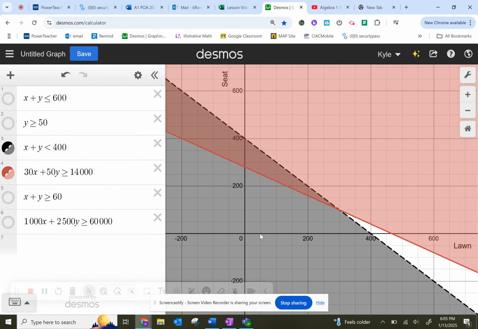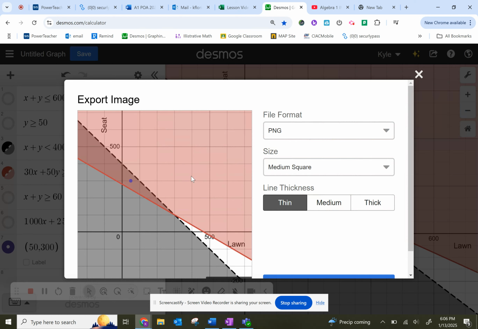So looks like the point, this looks like it's going by 50. So 50 comma 300 looks like it's just going to be a solution. Let me do that. 50 comma. So I'm going to put that point in there. And let's see if we can export this image.